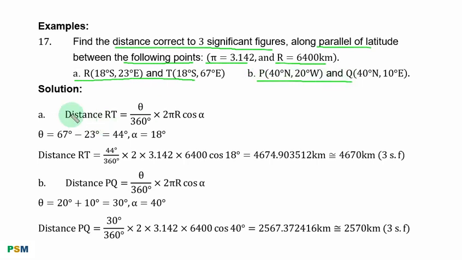Solution: A part of the question, distance RT. It is along a parallel of latitude, and you can obtain it using this formula. Theta, the angle of longitude, is the subtraction of the two given longitudes because they are on the same side of the prime meridian.